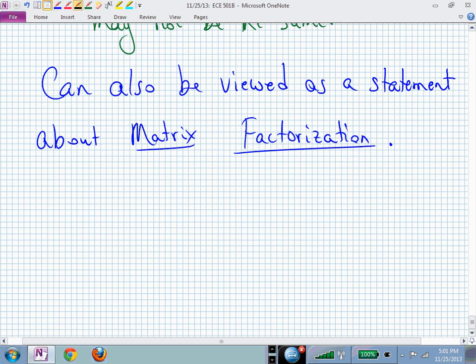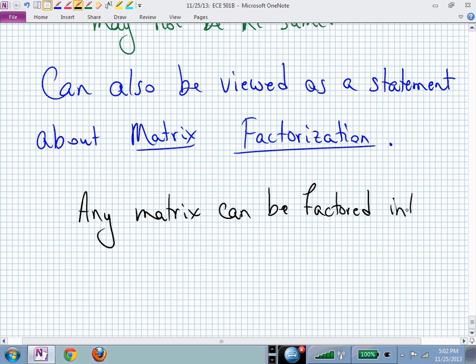Here, with a matrix factorization, any matrix can be factored into two matrices.